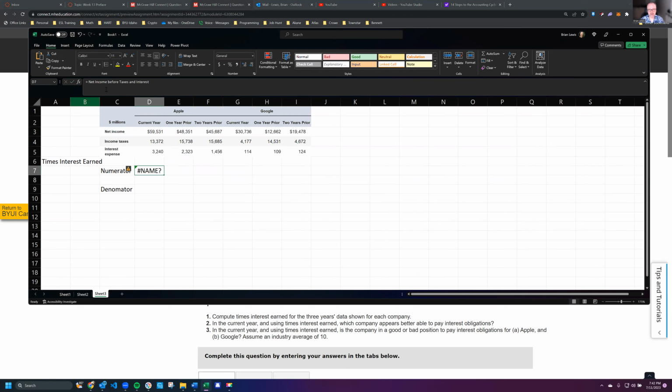Didn't like that, did it? That's because I did equals. I'm just going to do a little, there we go. And our denominator is interest expense.